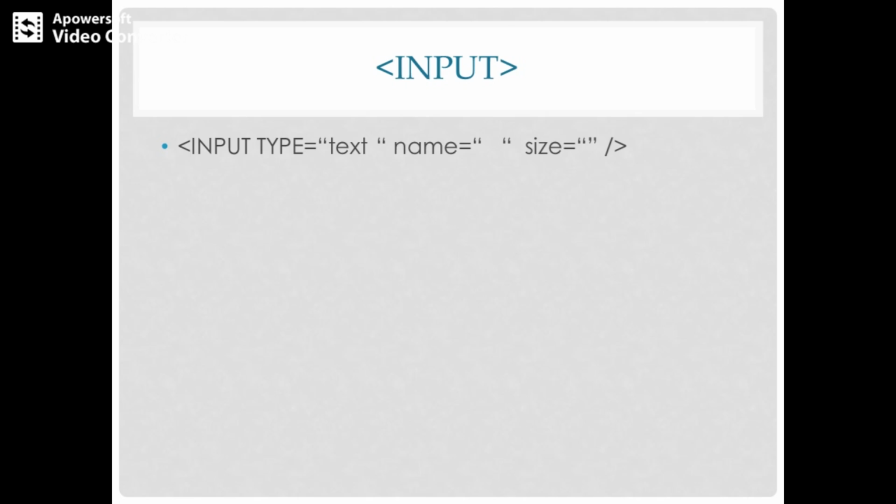So we use a type attribute that is associated with the input tag, and this type attribute specifies the type of control or a particular kind of control. So whether the input is of type text, or password, or checkbox, or radio buttons, and so on. It controls the kind of input that needs to be given to the box.